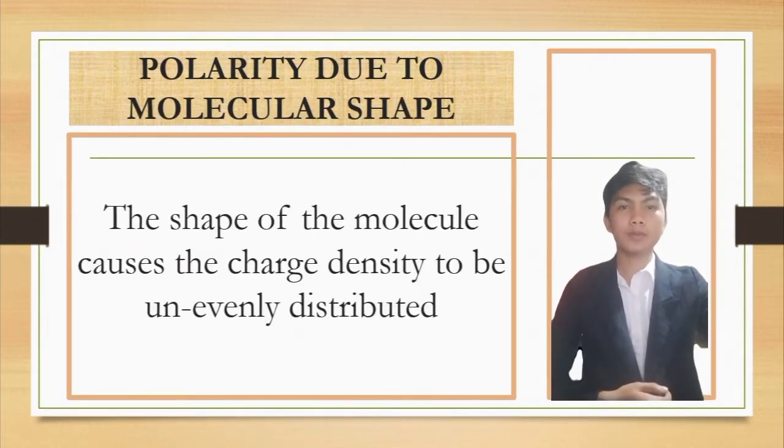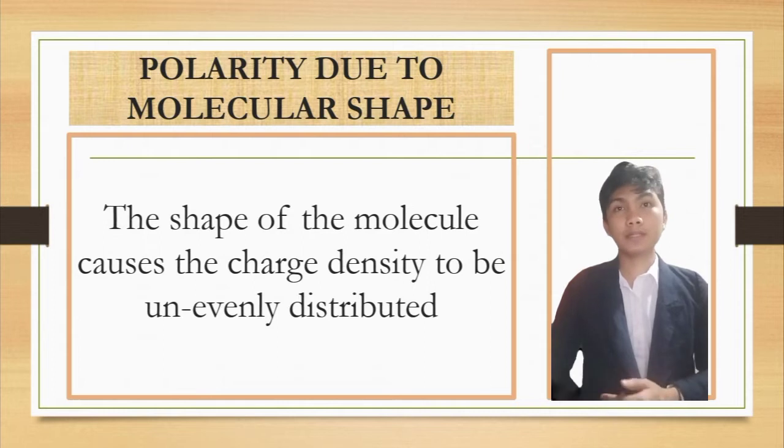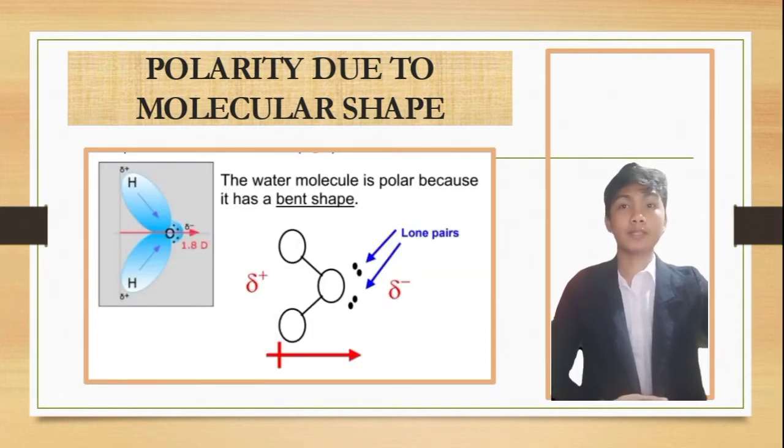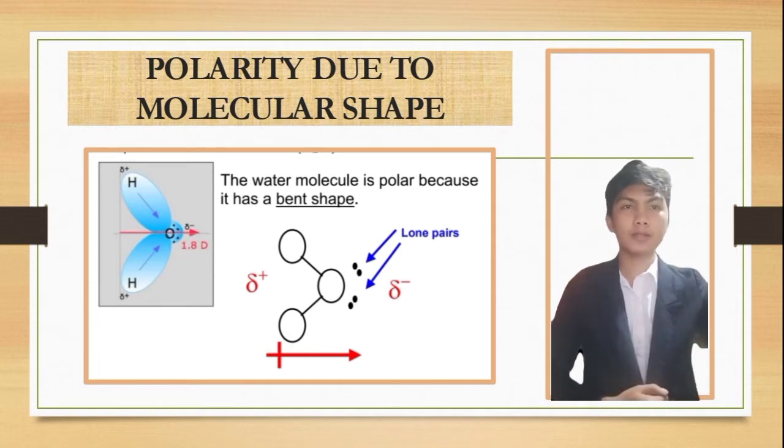Polarity due to molecular shape. When the shape of the molecule causes the charge density to be unevenly distributed, a polar situation is created. An example of dipole-dipole interaction due to molecular shape can be seen in water. As you can see here in the figure, the water molecule is polar because it has a bent shape.